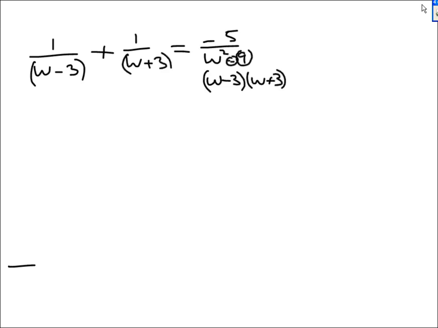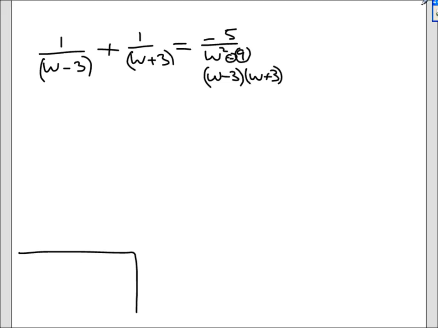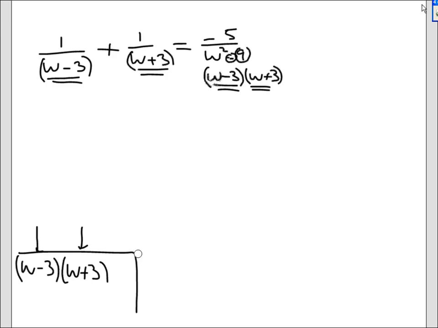So let's find out the least common multiple. I need to write this down. I haven't yet, so I do so. I need to write this down. I haven't, so I do so. I need to write down w minus 3. I already did. I need to write down w plus 3. I already did. And there it is.